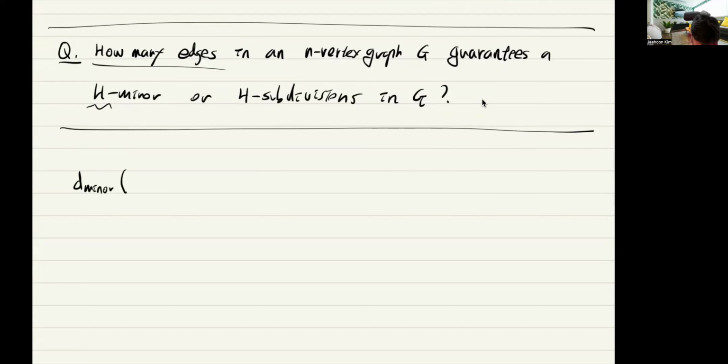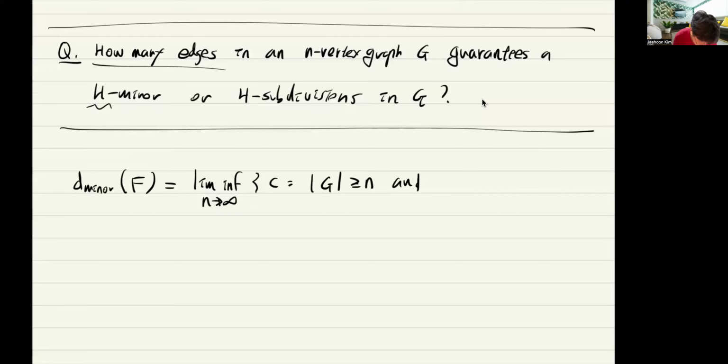So for a given F, we can define the extremal function for the F minor as follows: we take the limit as n goes to infinity, and then we want to find the infimum c such that if you have a graph with at least n vertices and average degree at least c, this implies that it contains an F minor.